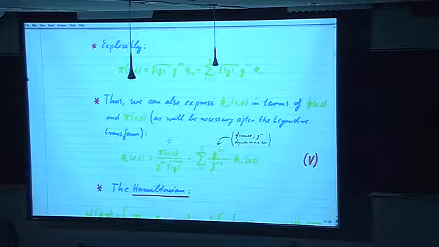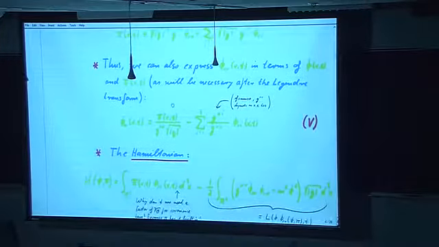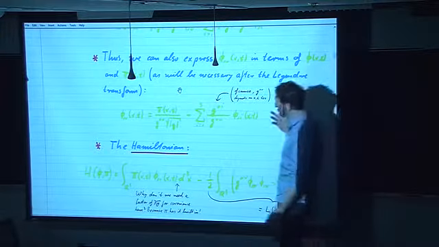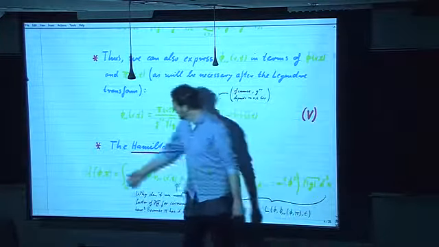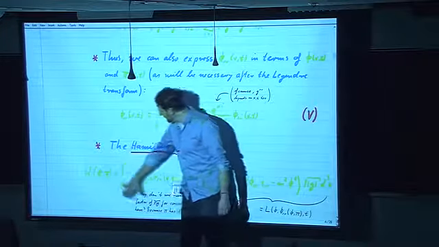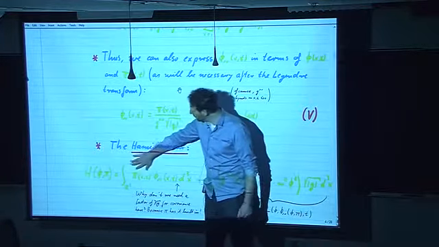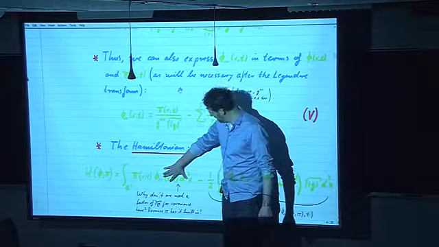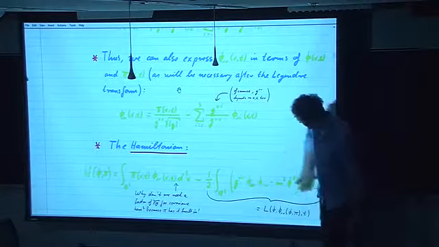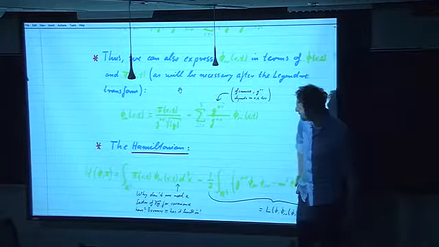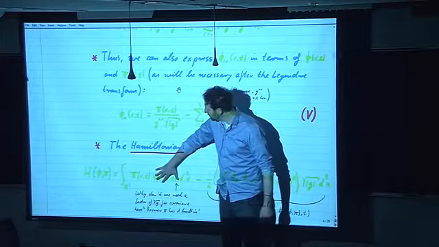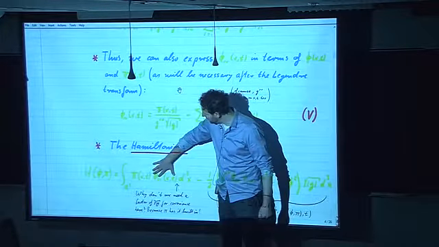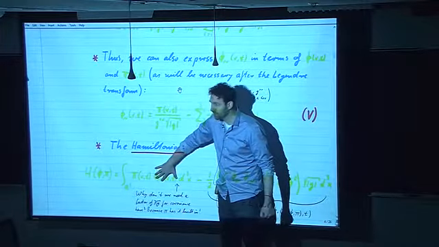This is what we need, because the Legendre transform that gets us from the Lagrangian to the Hamiltonian requires that the Hamiltonian is given by the integral over the new variable times the old variable minus the old function. This is the Lagrangian here, where all occurrences of the old variable phi dot have to be replaced by phi dot expressed in terms of the new variables.